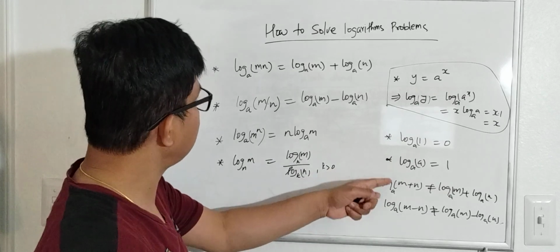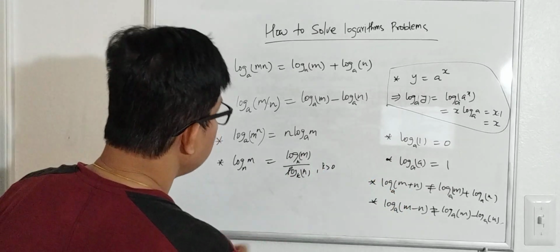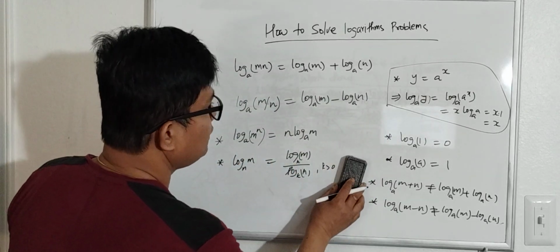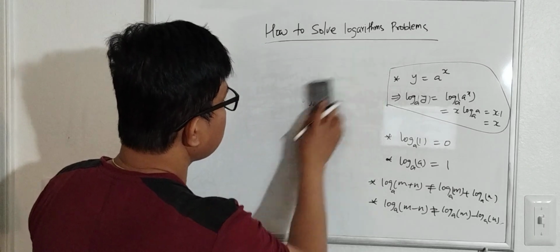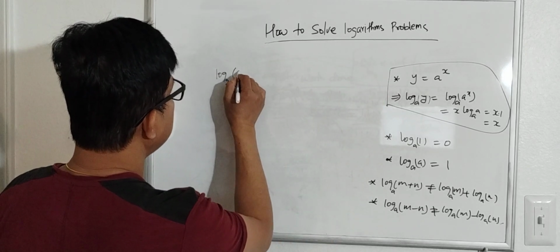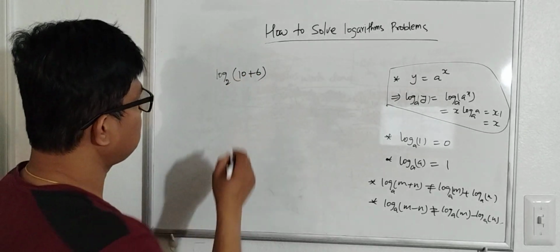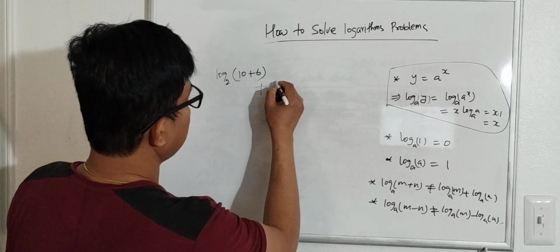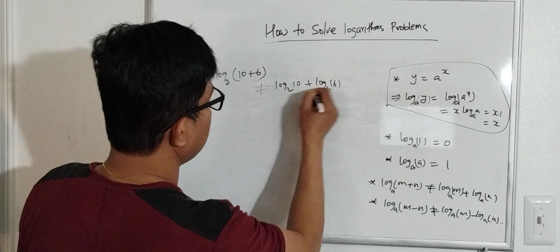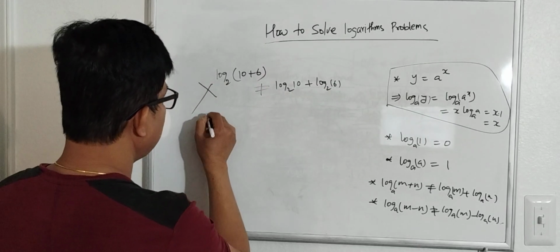Let's say you sum something and it became 16, 10 plus 6. Let's take an example. If I ask you log base 2 of 10 plus 6, don't do it like this. It's not log base 2 of 10 plus log base 2 of 6. No, it's wrong. What is the correct way?